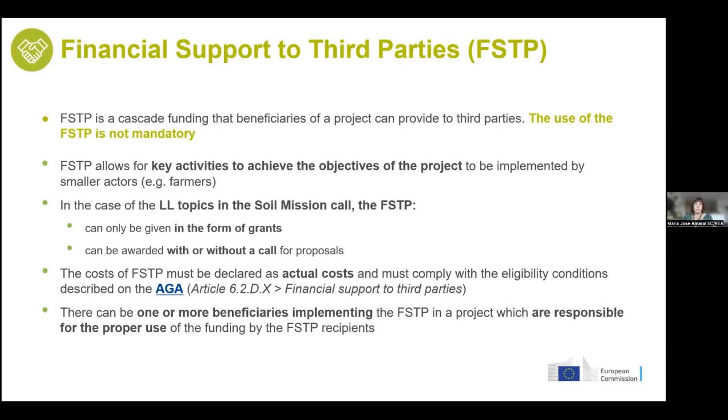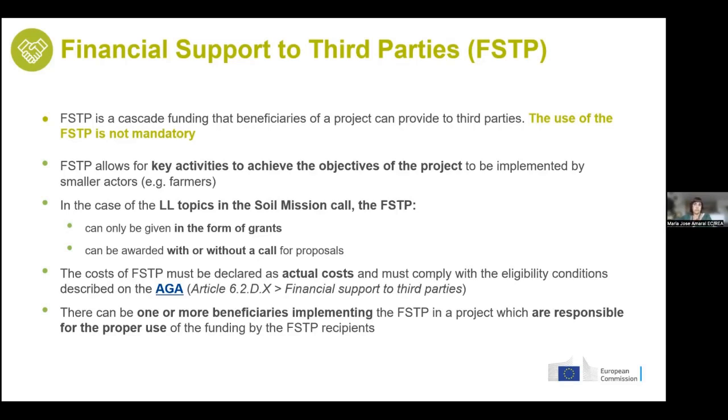There are a series of rules related to the financial support to third parties, regarding the costs and how it can be implemented, and these are described in the annotated grant agreement. And there is no decision a priori on whether one beneficiary or several beneficiaries can award the financial support to third parties.